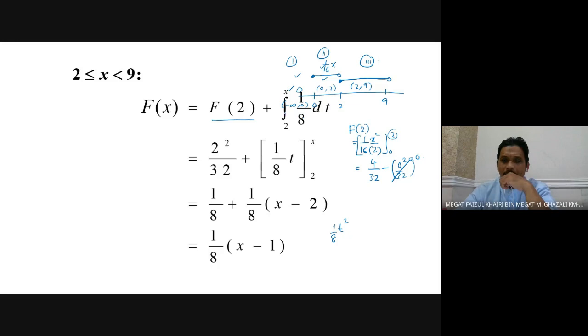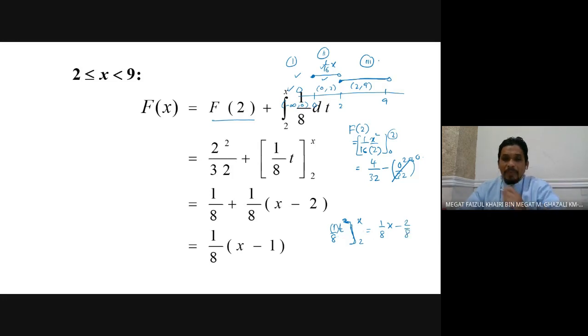So when we integrate 1 over 8, a constant with respect to t, it gives you 1 over 8 t. So from 2 until x, the first one, substitute t with x, 1 over 8x minus, and then substitute t with 2, 2 over 8.